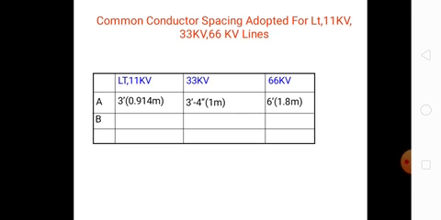B means the spacing between conductor to conductor: 1.35 meters, 1.5 meters and 2.4 meters.